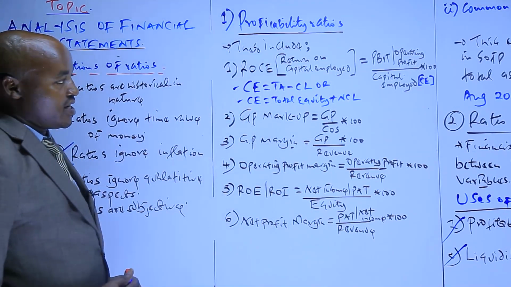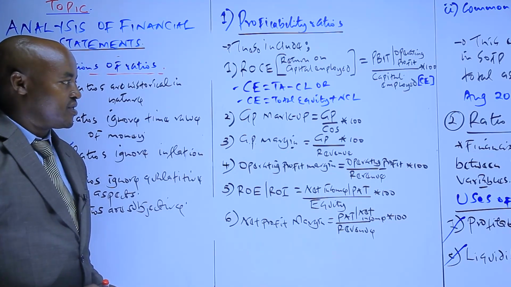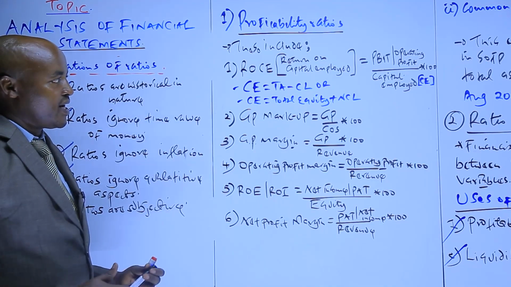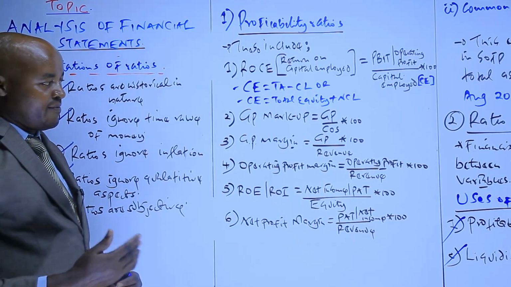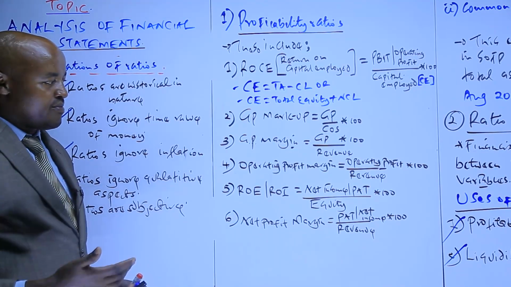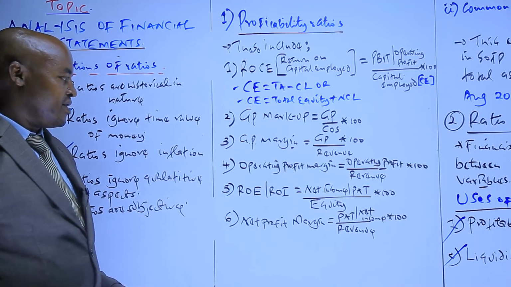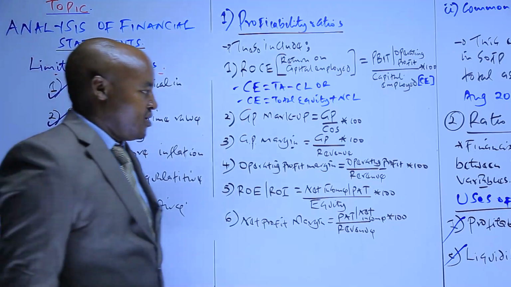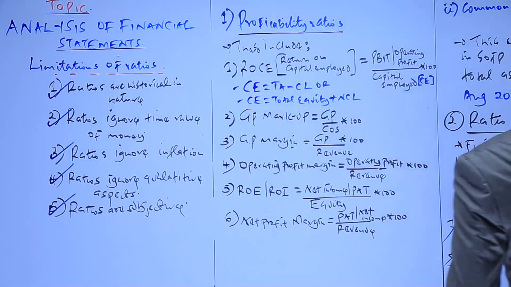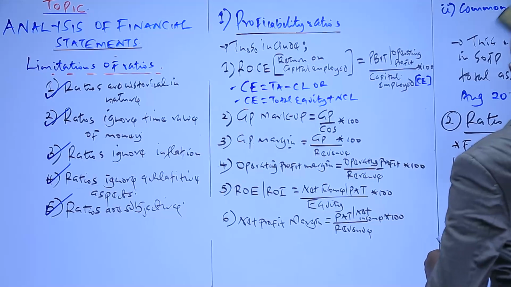So these are some of the profitability ratios which may be computed by the company purely to evaluate how the company is performing, and you have said that company performance is directly related to the performance of the company's management. So let's move and look at the other category of ratios.